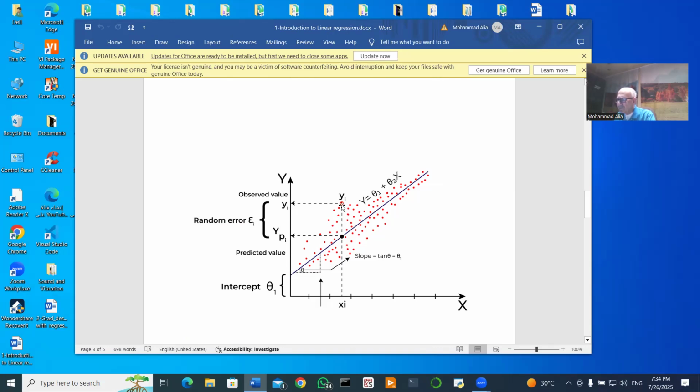But in reality, the point in red here is the true value in the data set. So the distance between yi and y predicted i, shown at this bracket here, is the error, as we have said, or the residual error.